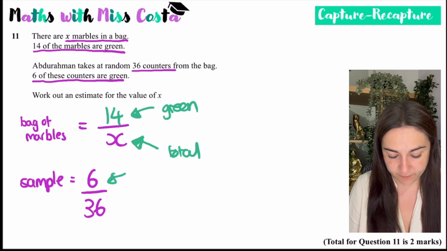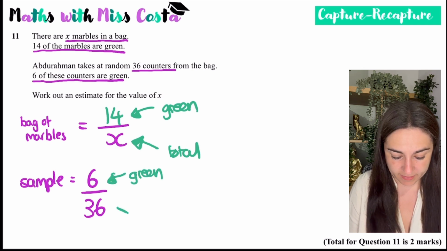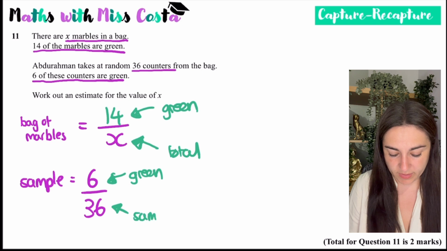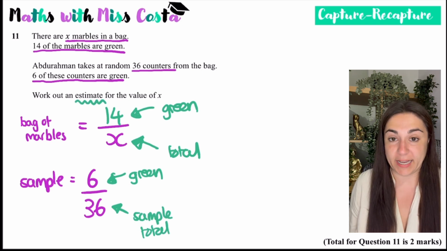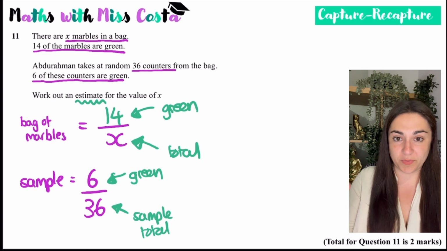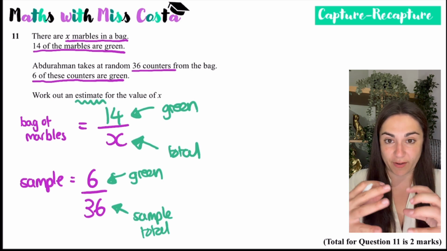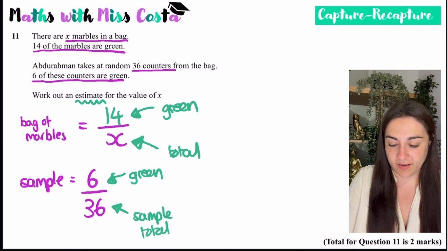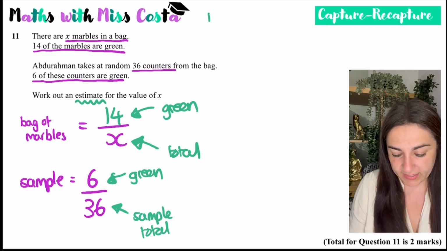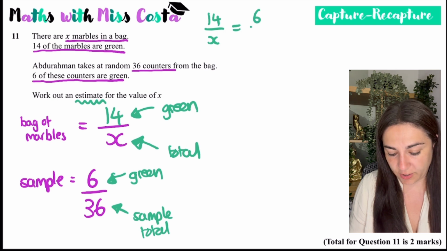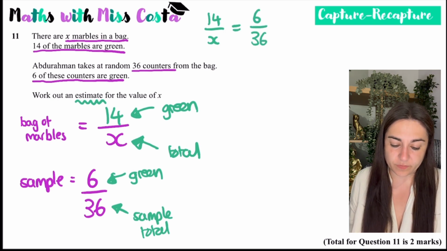So again, I've got green marbles here and my sample total. So I'm trying to work out an estimate for the value of X. And if I assume that this sample is representative of everything that's in the bag, what I can do is make my fractions equivalent. So I know that 14 over X must be equal to 6 over 36.